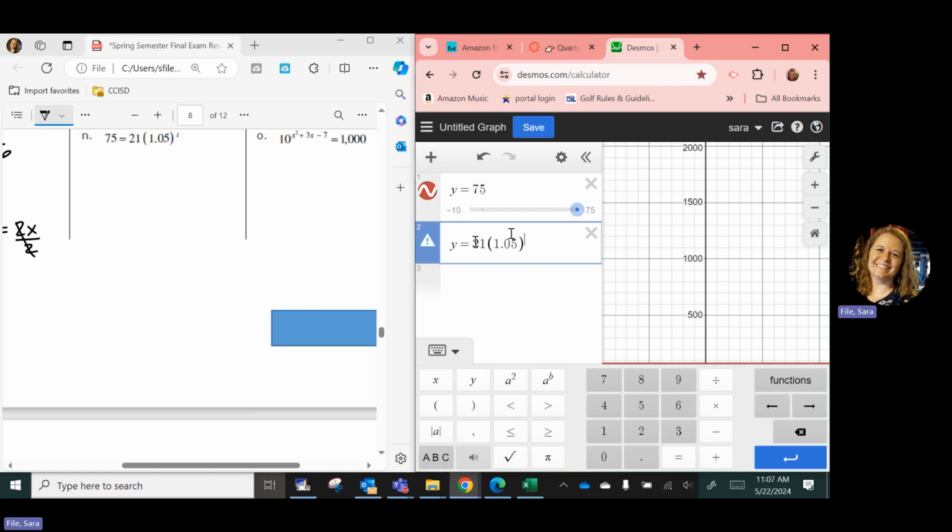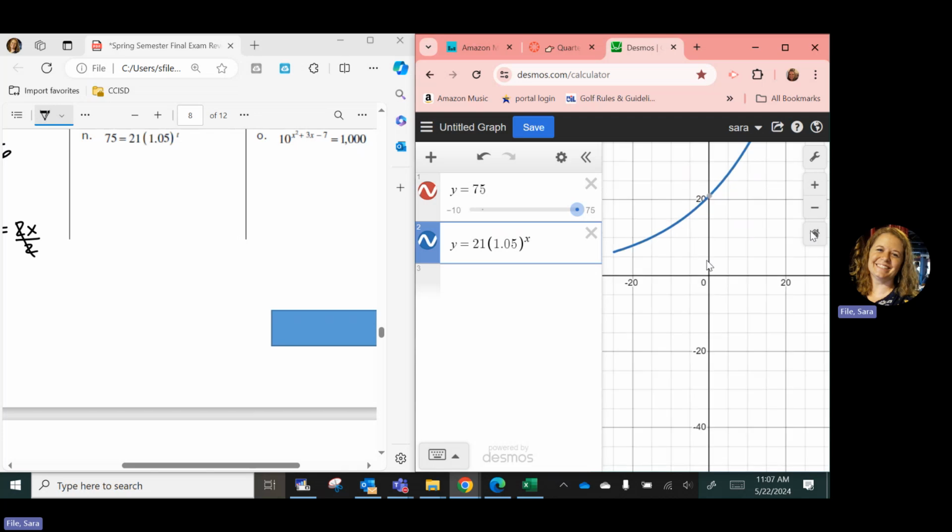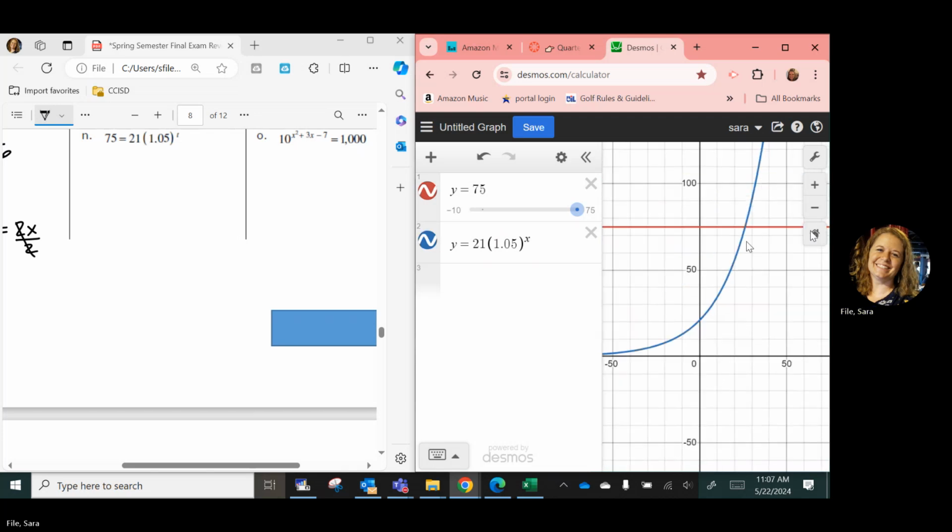And they use t, you just use x. Doesn't matter what letter is used for your variable. But I did y equals the left, y equals the right, and I'm looking for where they intersect. So here is that point of intersection, and it's the x value of that intersection that you're looking for.